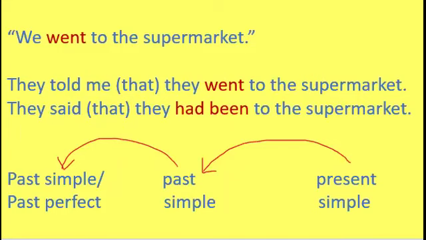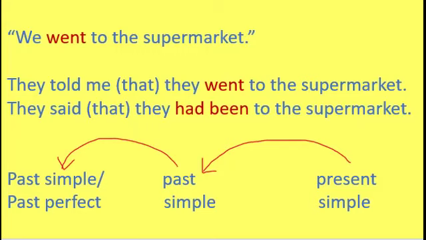If the original sentence was already in the past simple, in the reported speech, we can use either the past simple or the past perfect. You can choose. The original sentence here is, we went to the supermarket.